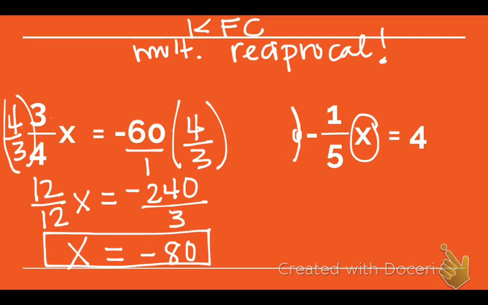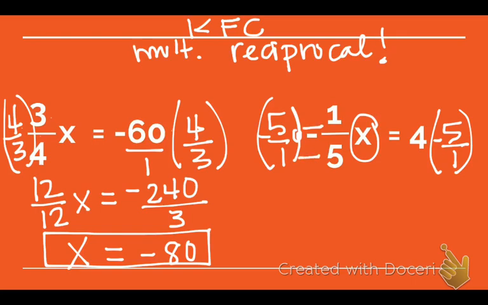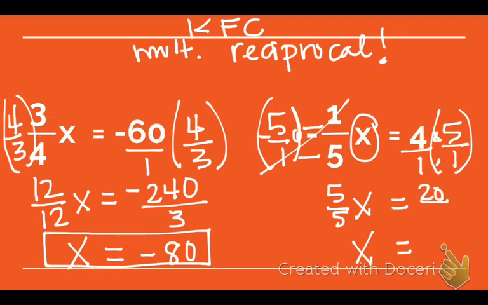So 1/5 becomes 5/1, times 5/1, and that should be negative. 5/1 times 1/5 does cancel out to 5/5 x, which we all know is going to be 1x. 4 times 5/1, I'm going to put my 4/1, and I have 4 times 5, 20, over 1 times 1, 1. Well, 20 divided by 1 is just plain 20.